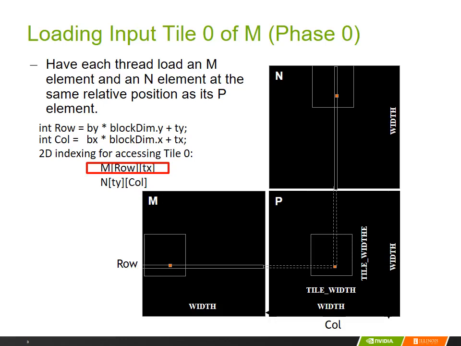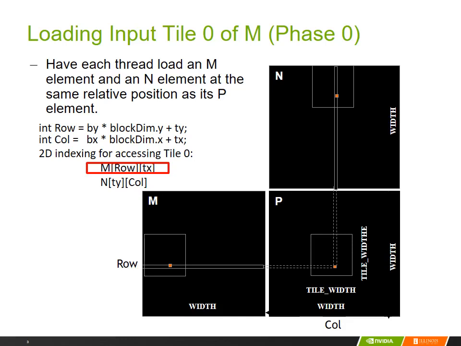This is shown as an orange dot in the output P box and an orange dot in the input M box. We see that these two orange dots are in the same relative position within each of these boxes.